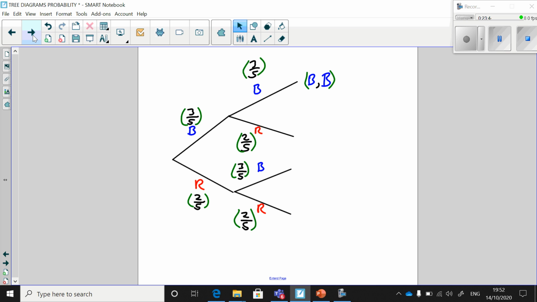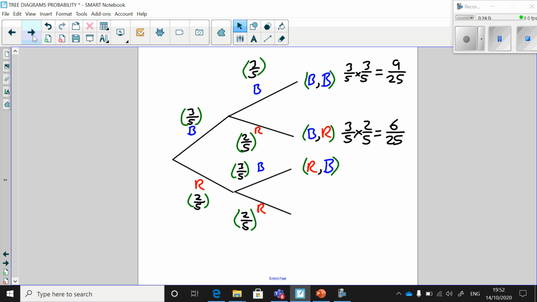On the top, the pathways are blue, blue. Multiply your probabilities together. Next, it would be blue followed by red. Multiply your probabilities together. Moving on, red, blue. Multiply your probabilities together.